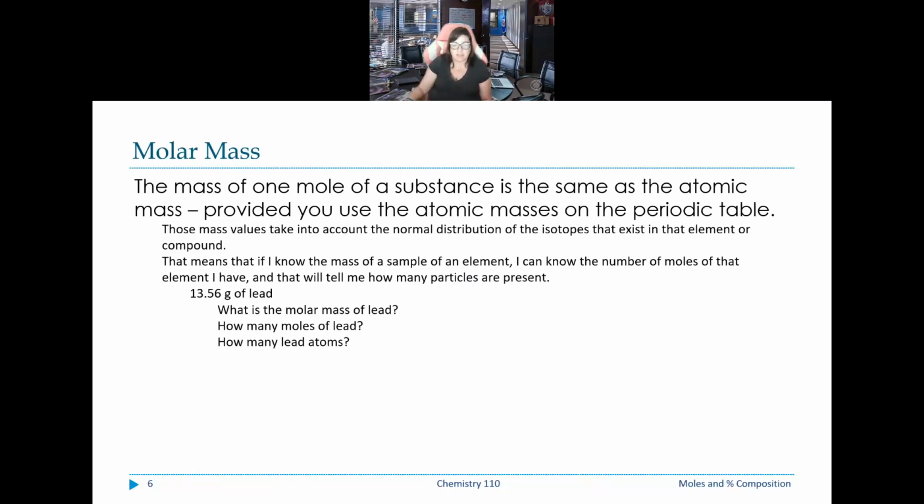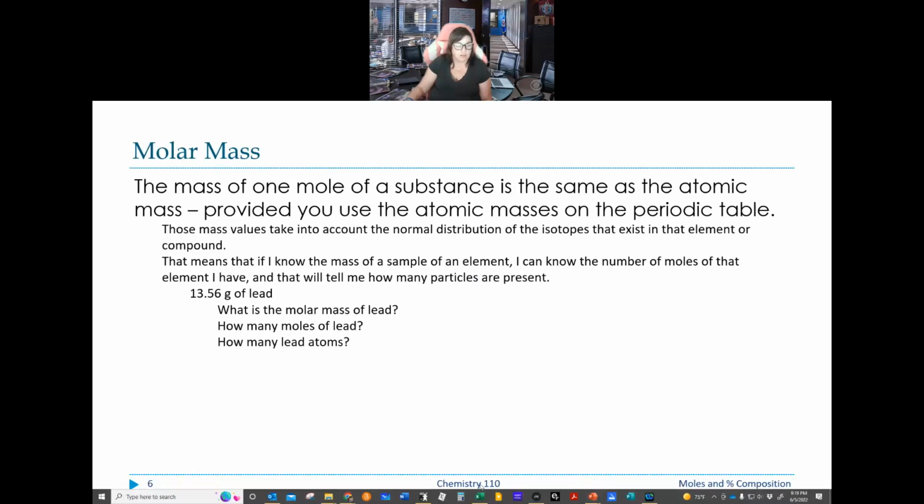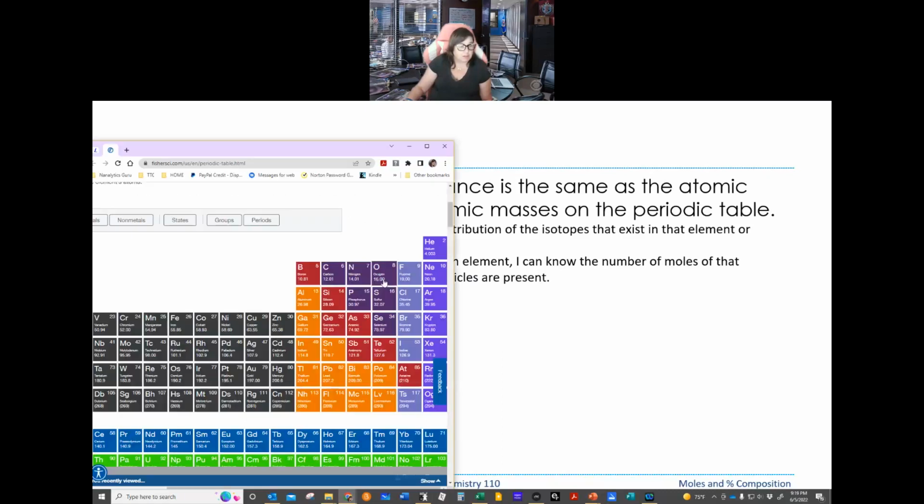So what is technically listed on the periodic table? Well, let me show you a periodic table just so we can have this discussion again. On the periodic table, you'll see this number. This is technically an atomic mass. So that 16 is actually 16 atomic mass units. It represents the mass of 1 oxygen atom.